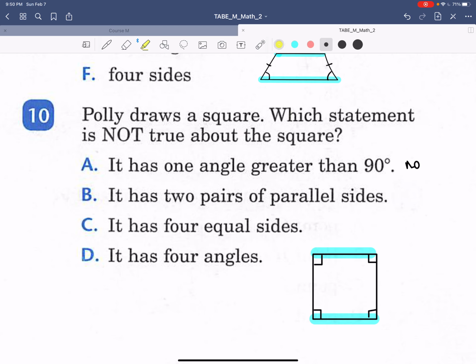That's a yes, and there they are. It has 4 equal sides. Yes, if it's a square, it has 4 equal sides. And it has 4 angles. Yes. It does not have an angle greater than 90.